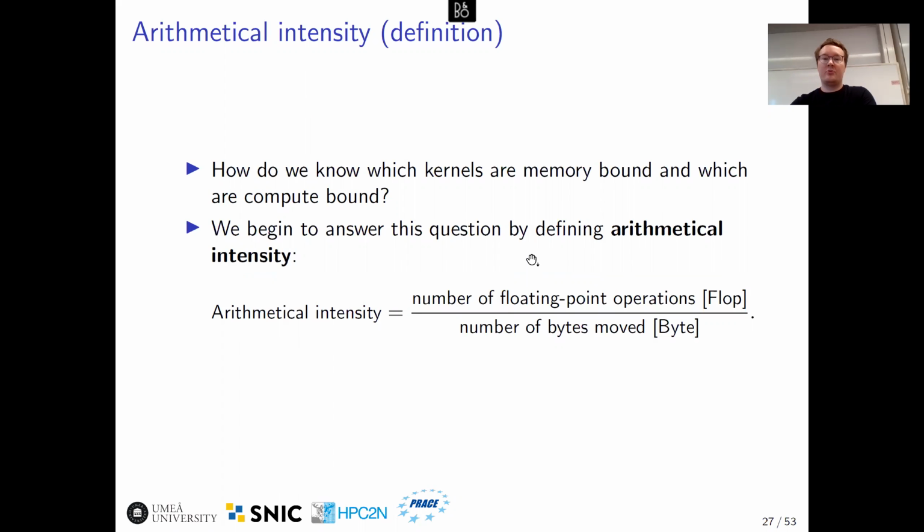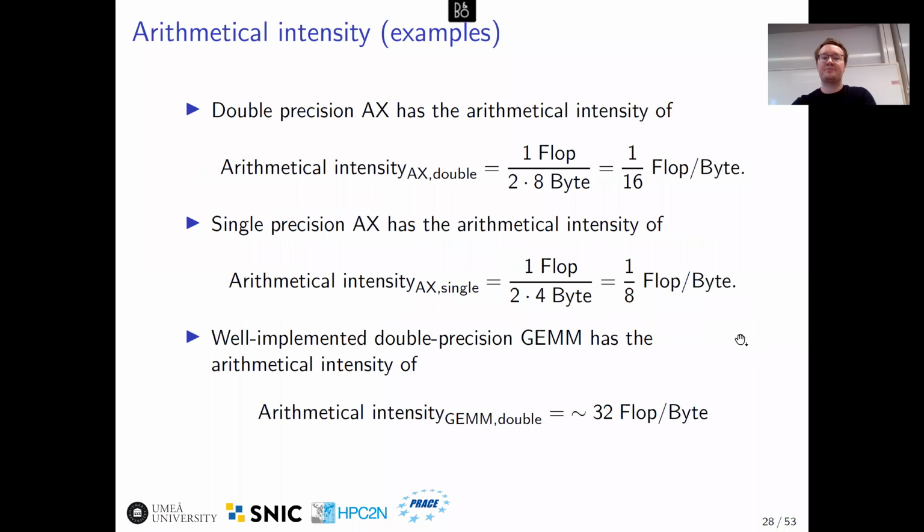And the first tool we need to do this kind of analysis is a term called arithmetic intensity. We define it by dividing the number of floating point operations by the number of bytes being moved from the memory. So the unit for arithmetic intensity is going to be flops per byte.